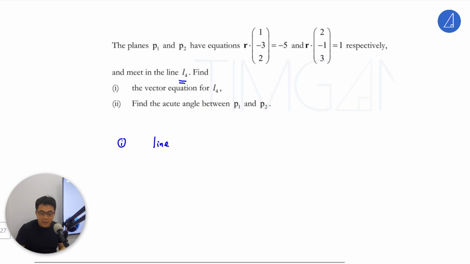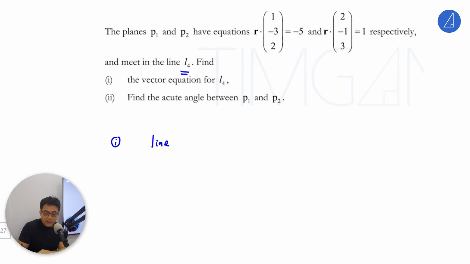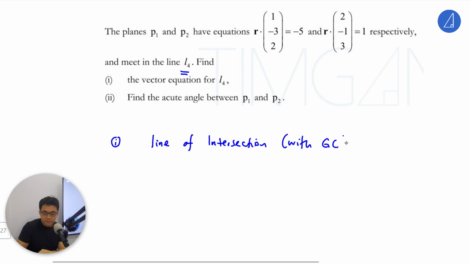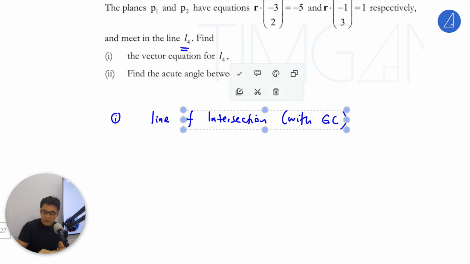So let's look at line of intersection. With GC, I think the first one is easier. So method 1 is using GC.